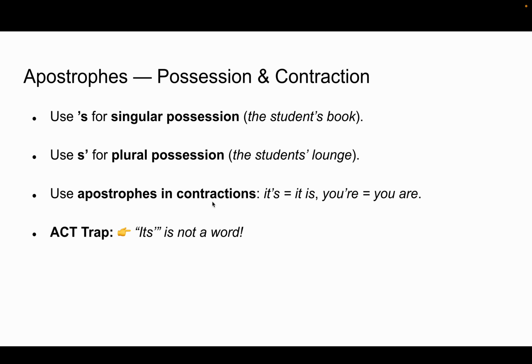And then finally, the one that's fairly common and easily understood is the apostrophe used in contractions, so when you're trying to shorten words, right? It is, you shorten that to it's. You are, you shorten that to you're. So these are the three primary use cases of apostrophes: singular possession, plural possession, and apostrophes in contractions.